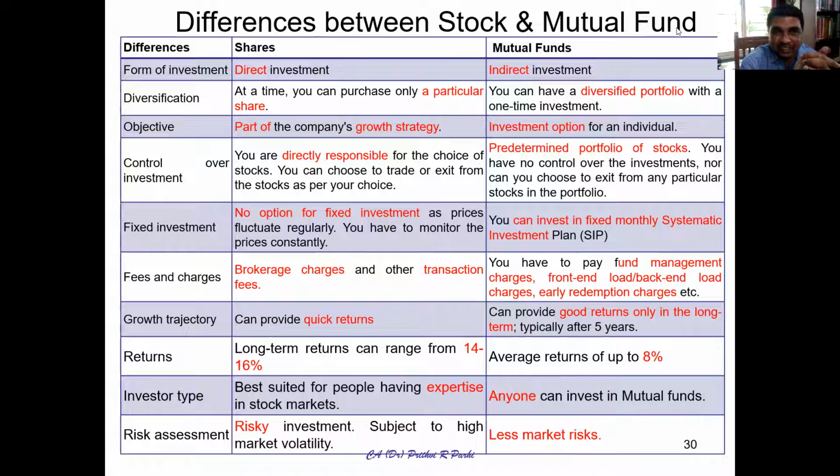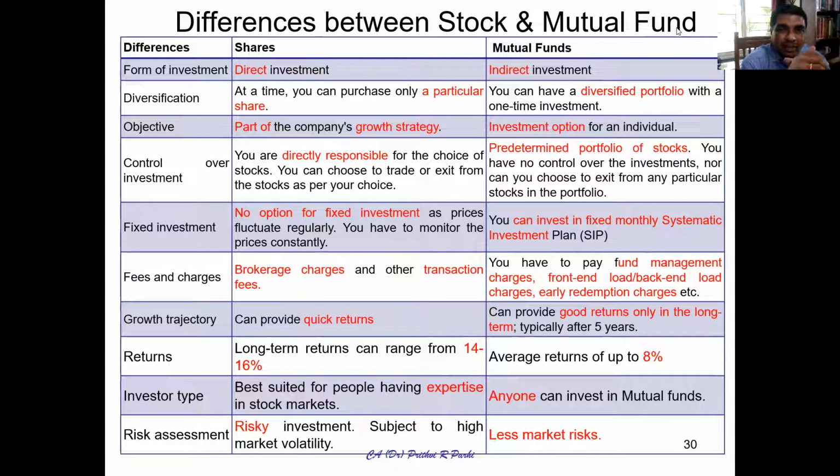At one point of time, you can purchase only one share. But when you're investing money in a mutual fund, your portfolio is well diversified. Even if you're making a single investment, it is spread over various sectors and various companies.